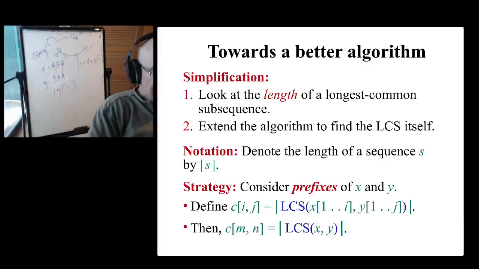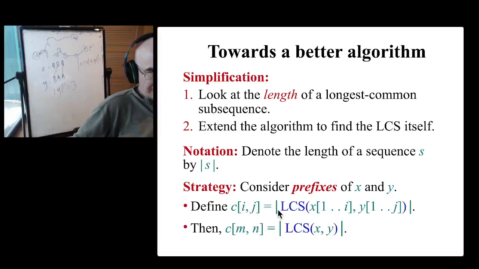Now here comes the really confusing part. I want to remind you what a prefix of x is. X from 1 dot dot i is the prefix of the first i characters of x. Y from 1 dot dot j is the first j characters of y. I want to tell you what C of i, j is. I'm going to define it, and I'm going to compute it in the algorithm.